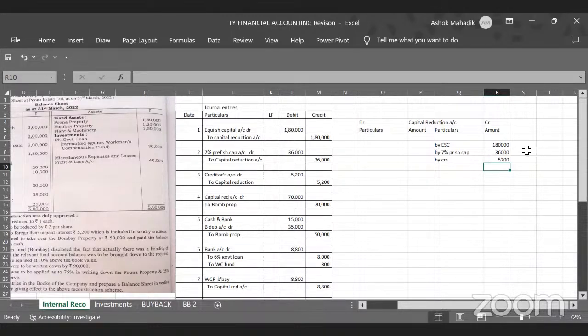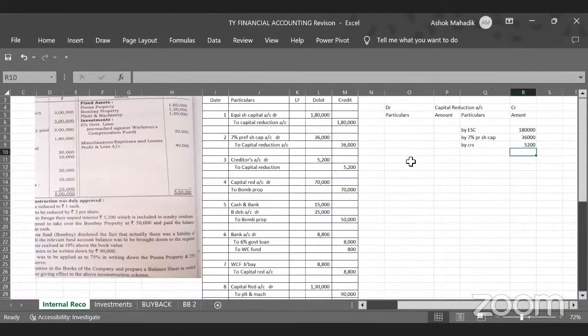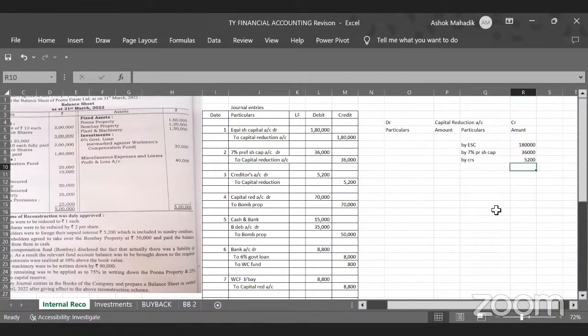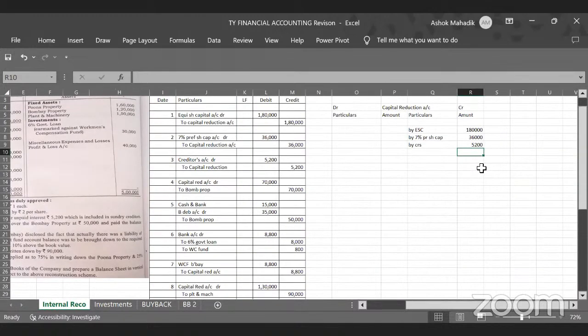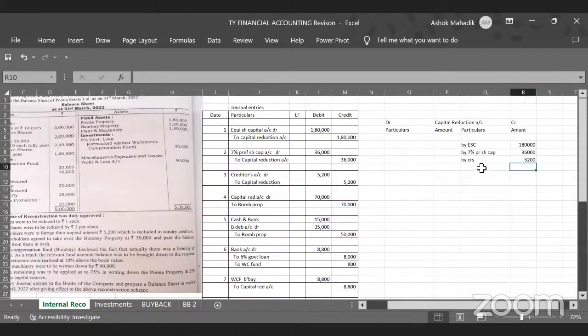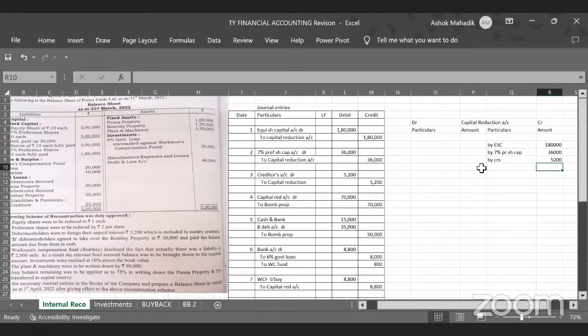Okay, students. So this way you can complete the ledger account. Since we have already dealt with the balance 30,000, this account will tally. You can get the balancing figure in this account. And then you can transfer 75 and 25. Even that is okay.